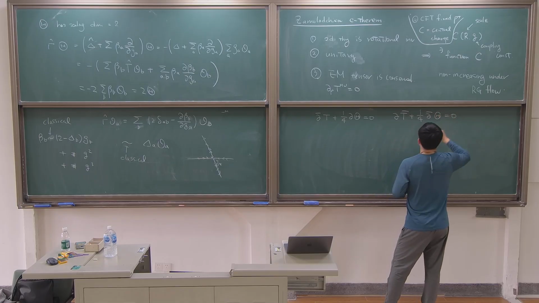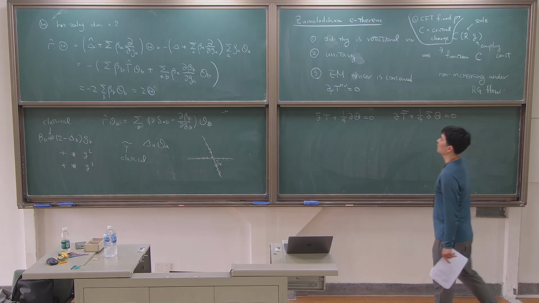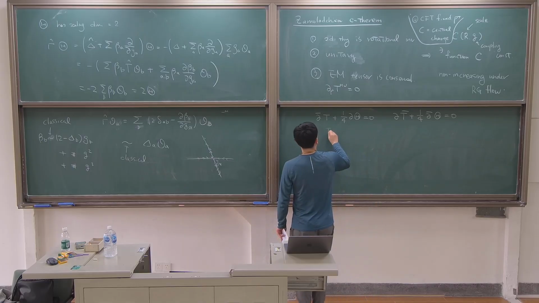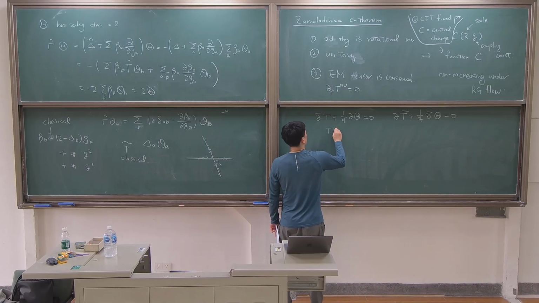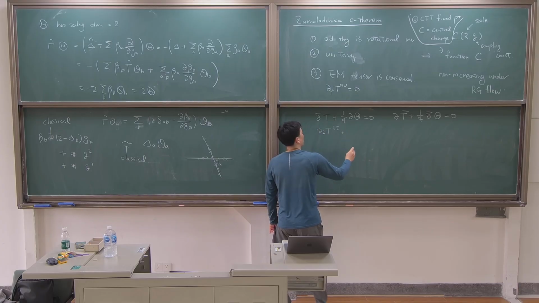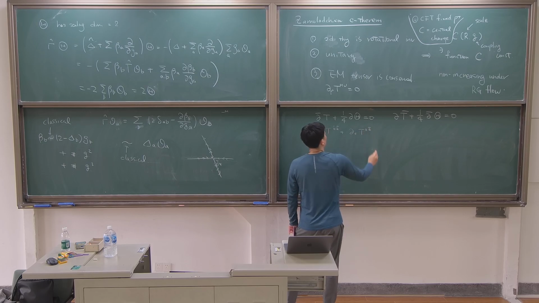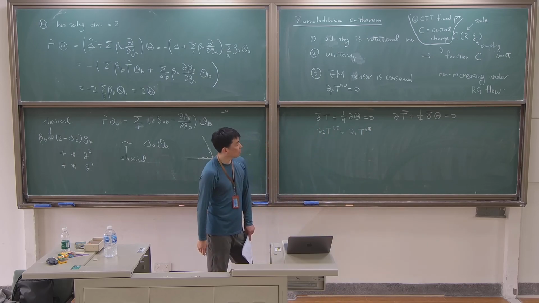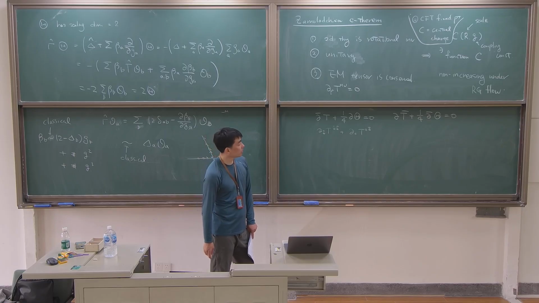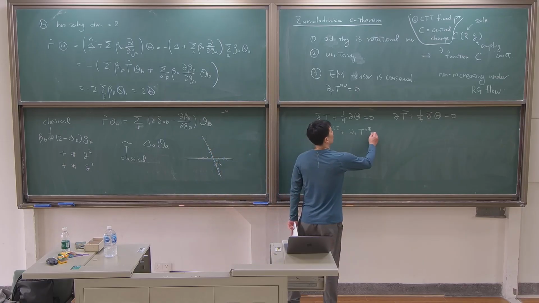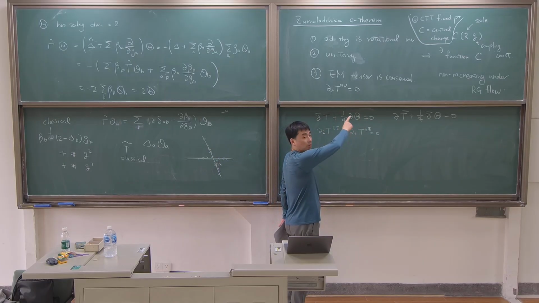Recall that this T is T z bar z plus del theta. What I wrote here is equal to 0, and it can be written like this with the proper normalization and so on.